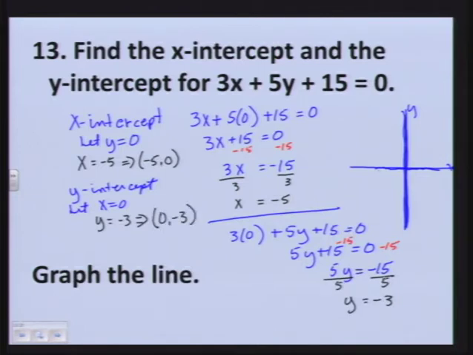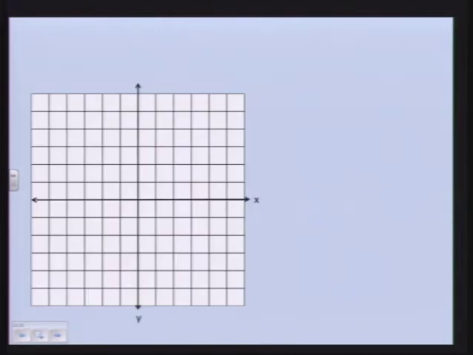So we're graphing 0, -3, and -5, 0. So let's move to our next slide and graph. So we had 0, -3.